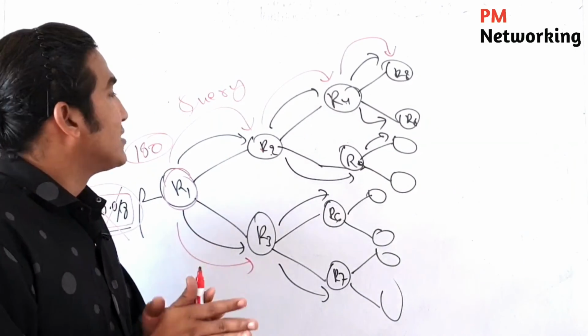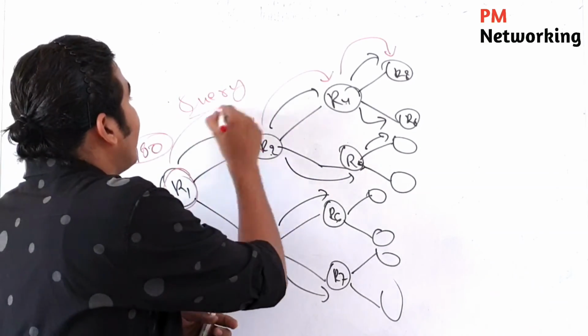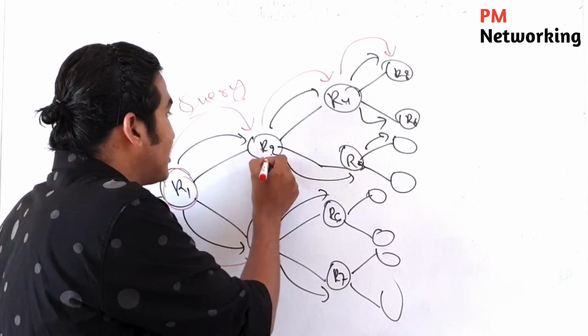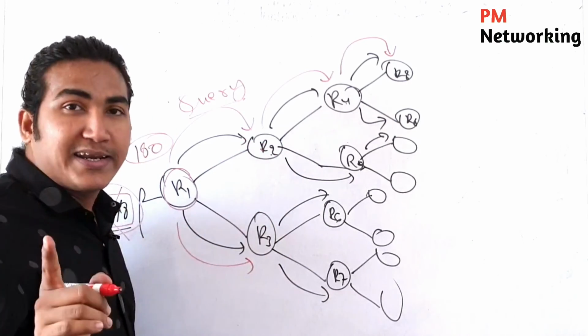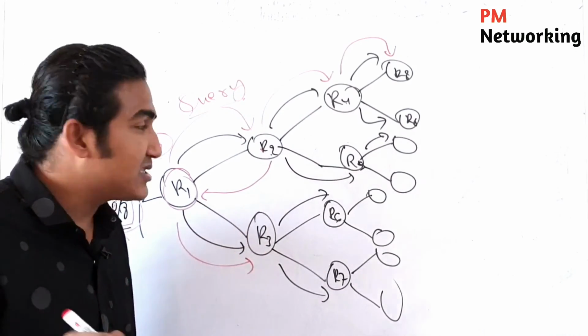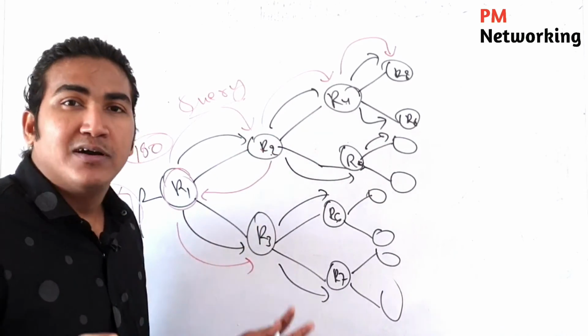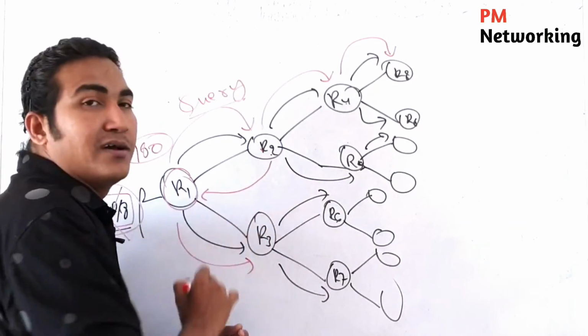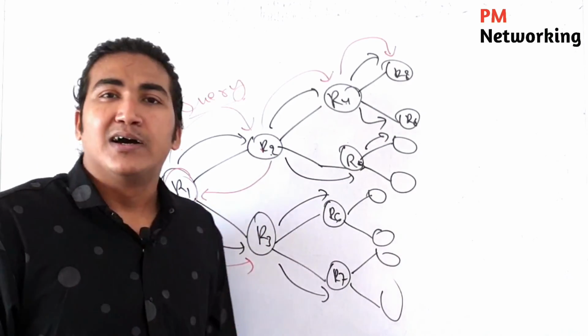So guys, this is query message and reply message. What is the use of reply message? If this router has an alternate path, then this router will let R1 know via reply message. If this router doesn't have an alternate path, then this router will let R1 know via reply message.